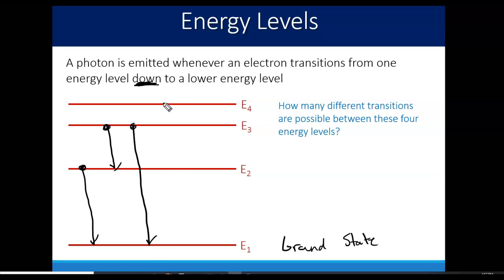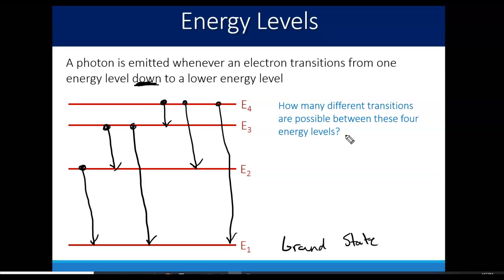And if the electron happens to end up at the n equals 4 level, it could go from 4 to 3, 4 to 2, or 4 to 1. Sorry for my bad drawing. So in this case, the answer to this question would be 1, 2, 3, 4, 5, 6 different transitions. Meaning if you were looking at the emission spectrum, you could see up to 6 different lines.